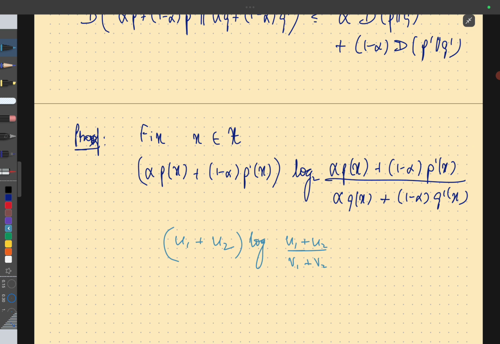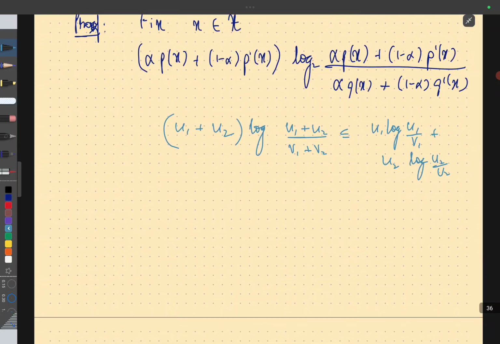All of these are non-negative quantities, so by the log sum inequality, we know that this is less than or equal to u1 log u1 by v1 plus u2 log u2 by v2.